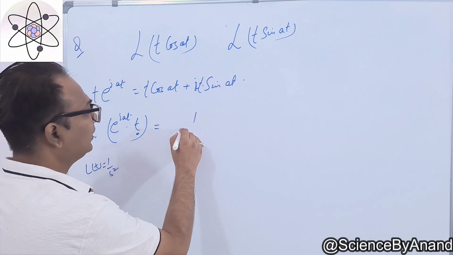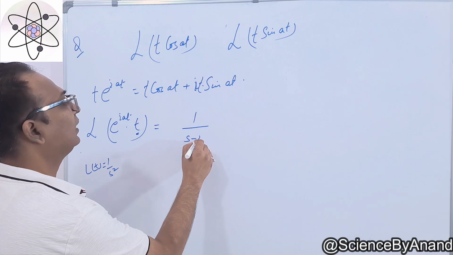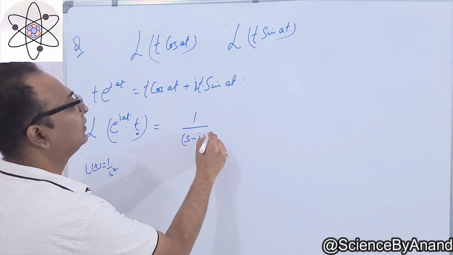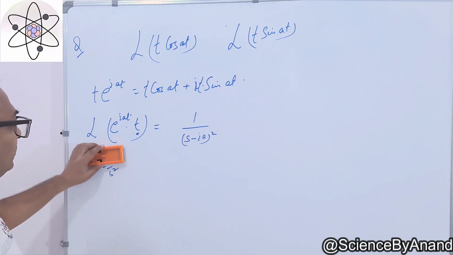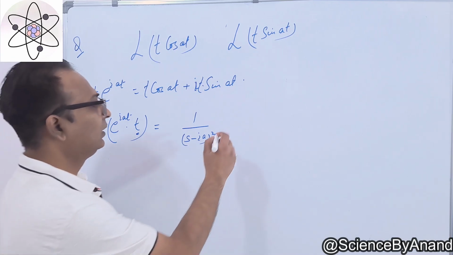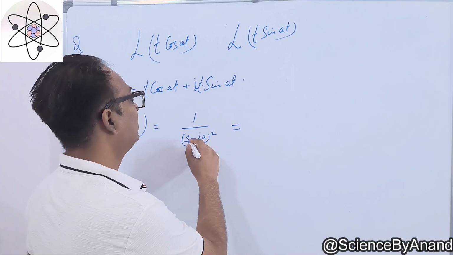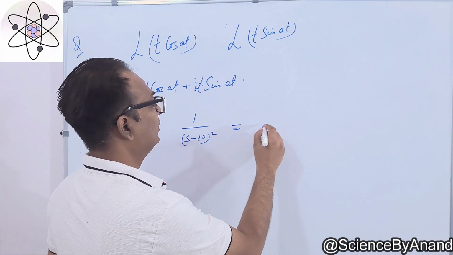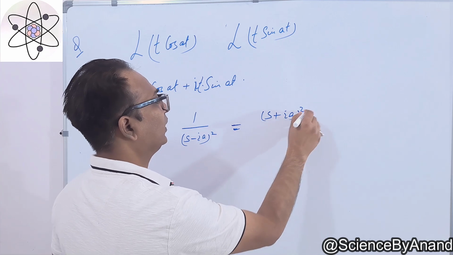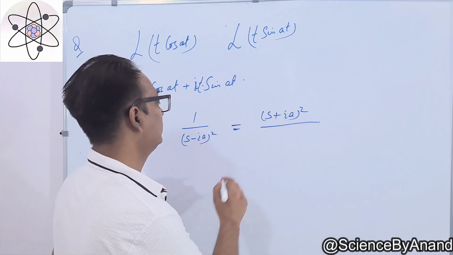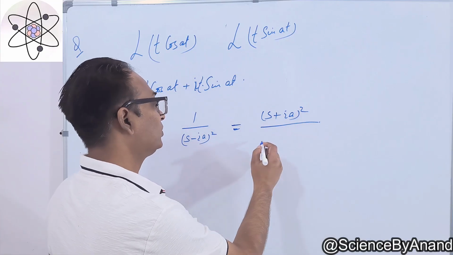So this will become 1 by (s minus ia) square. How can we resolve it? By multiplying by (s plus ia) square. If we multiply the numerator and the denominator by (s plus ia) square, what will happen?